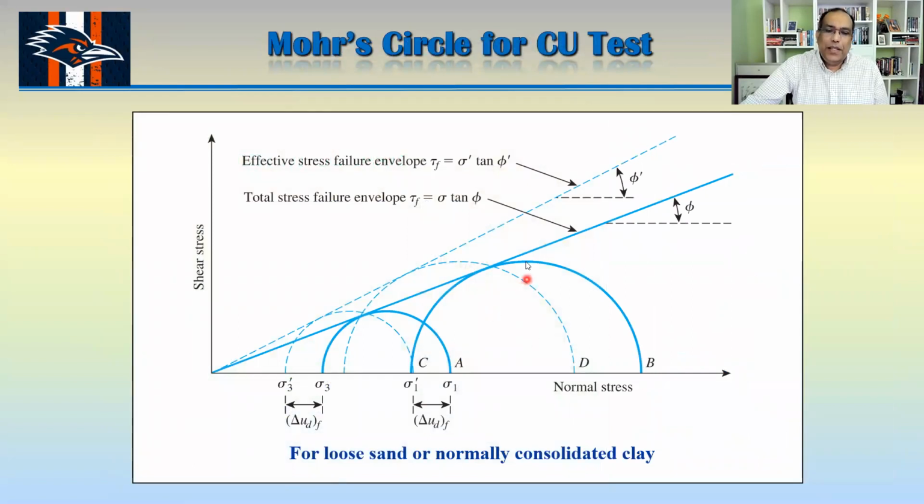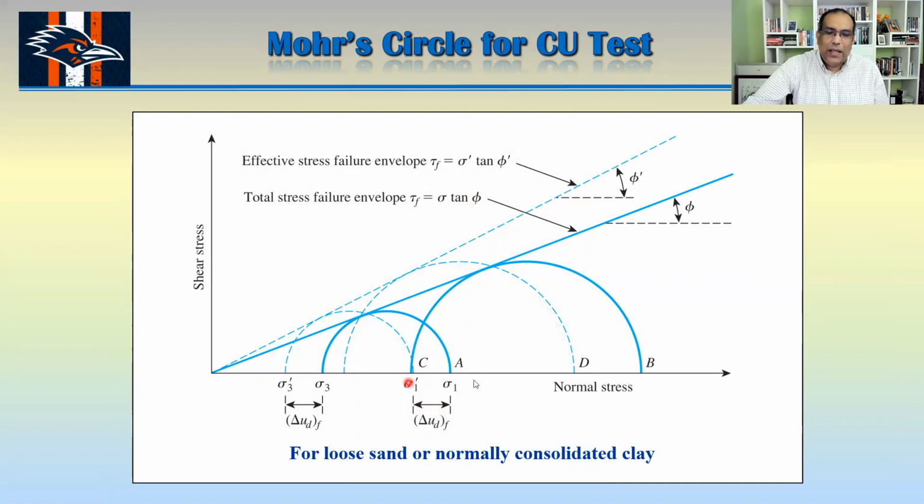Now you can see, for loose sand and normally consolidated clay, this one looks like this. Actually, this is also for dense sand too, because your c is equal to 0 in that case, right? So this is your Mohr circle in terms of total stress. If you take the pore water pressure that you measured at the end of the test, then for this one, this is sigma 1 minus pore water pressure.